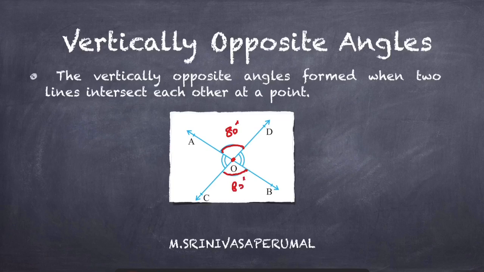For example, angle AOC is X, and angle BOD is also X. Simple notation: angle AOD is equal to angle BOC, and angle AOC is equal to angle BOD.